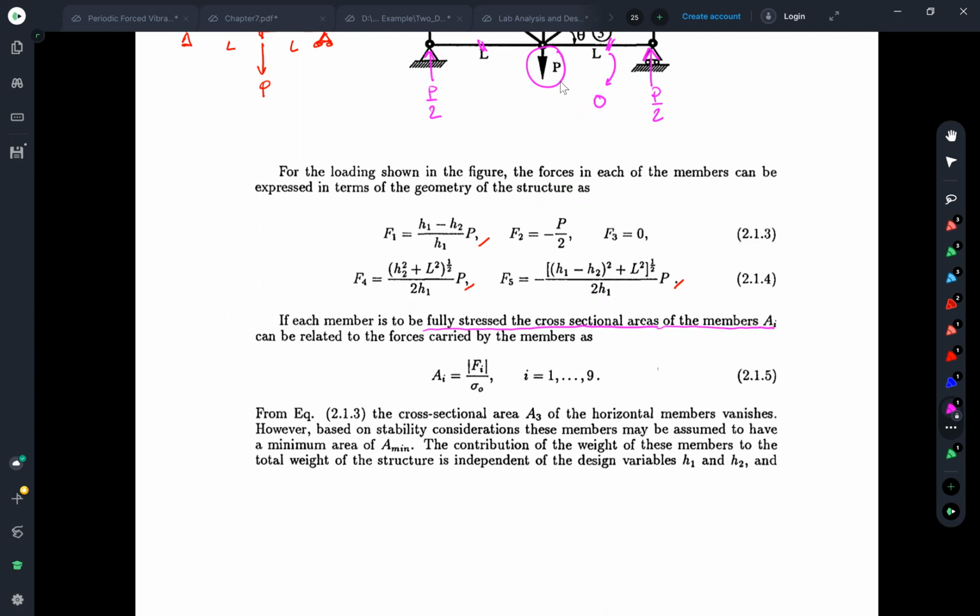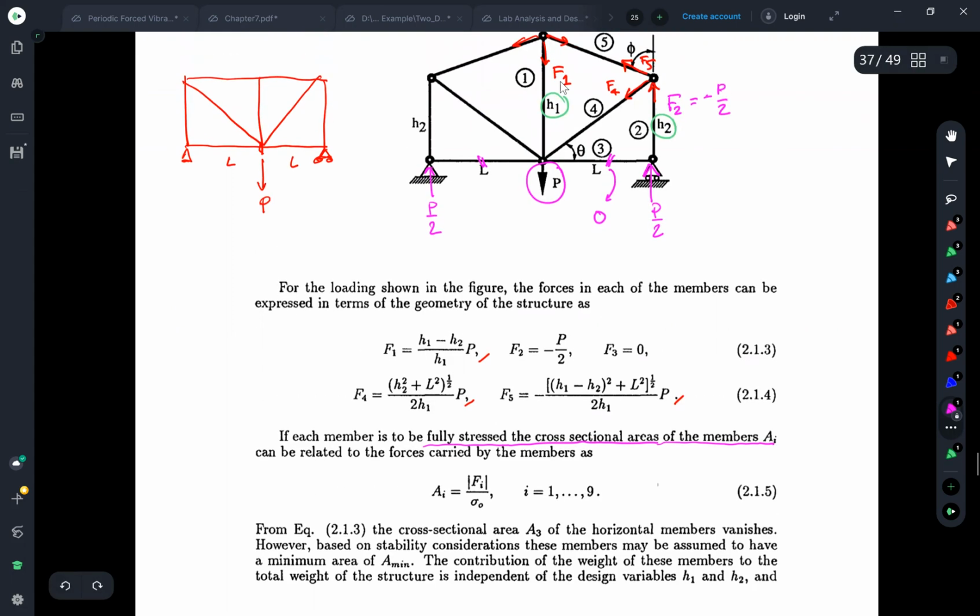Therefore, the minimum area that will satisfy the strength of the member is equal to the magnitude of the force Fi divided by sigma 0, as in equation 2.1.5. You do this for every member, from member 1 to member 5.